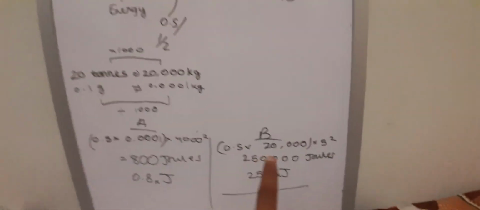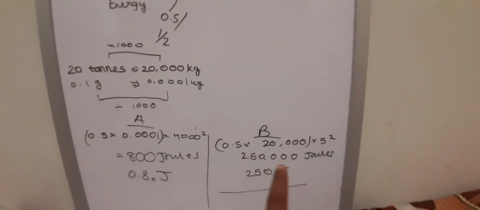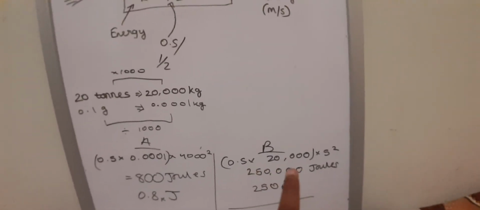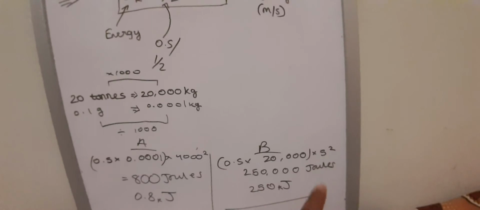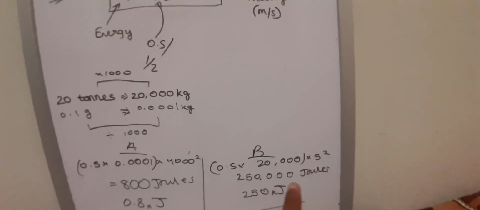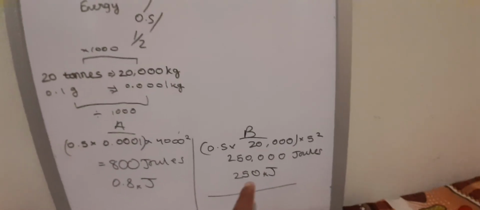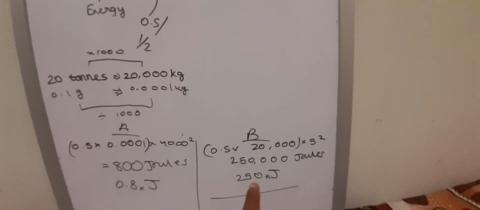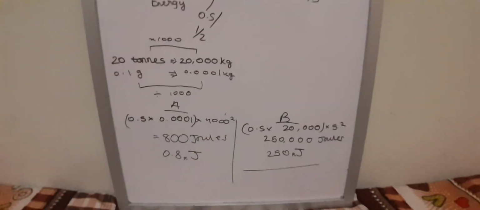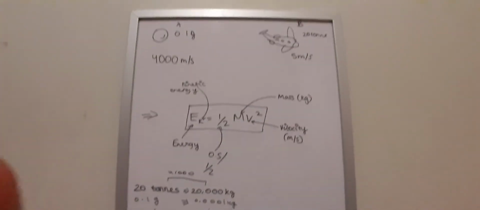Then B, the airplane. We will do 0.5 times 20,000 times 5 squared. We will get 250,000 joules. If we divide that by 1,000, we will get 250 kilojoules. This is how we work this out.